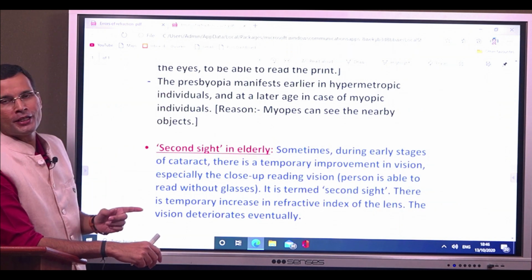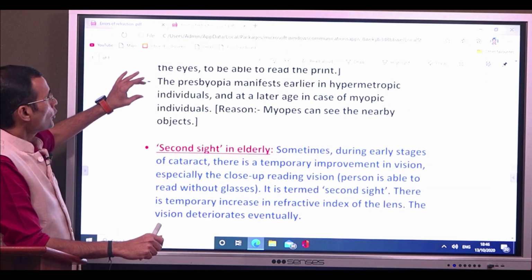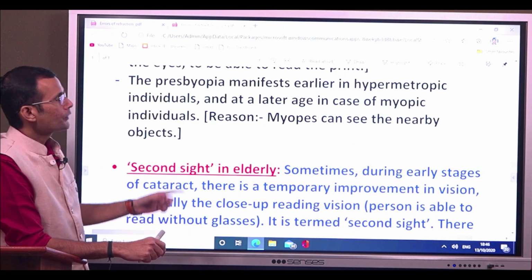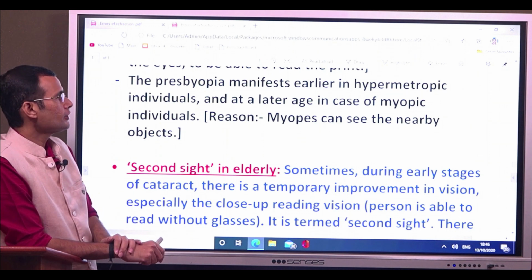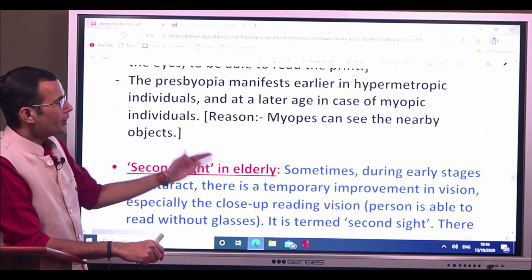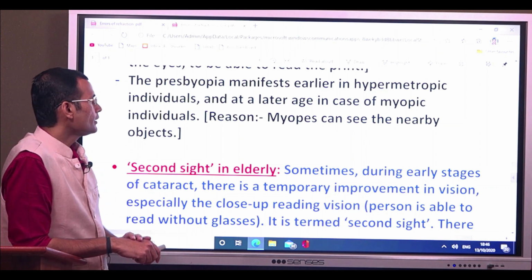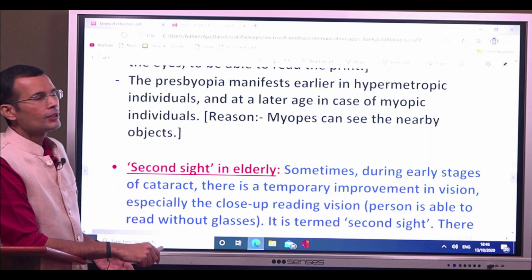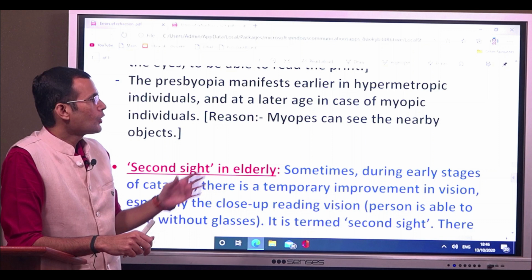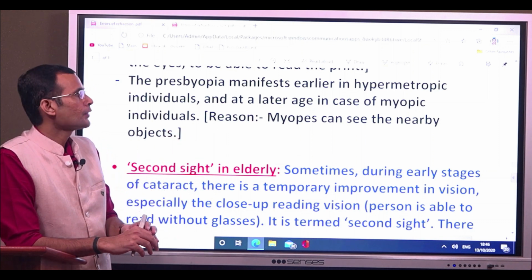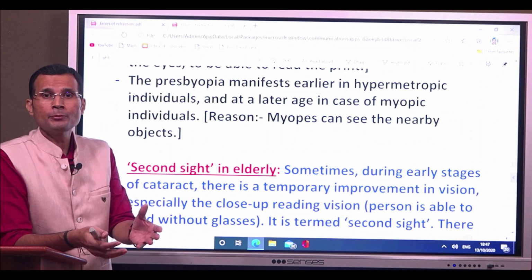The presbyopia, yeah, this is important. Note this point. Presbyopia manifests earlier in the hypermetropic individuals and at a later age in the case of myopic individuals. What's the reason? The reason is very obvious, because myopes can see the nearby objects clearly anyways. And what is the defect in presbyopia?